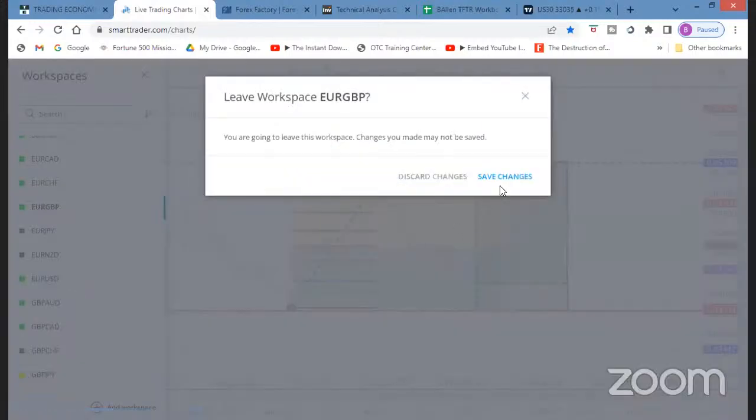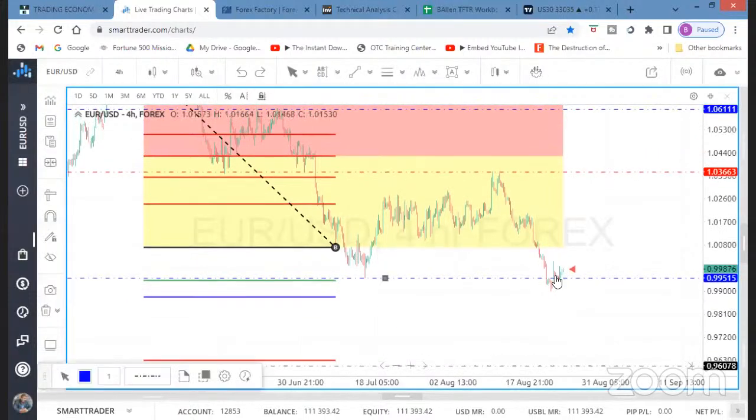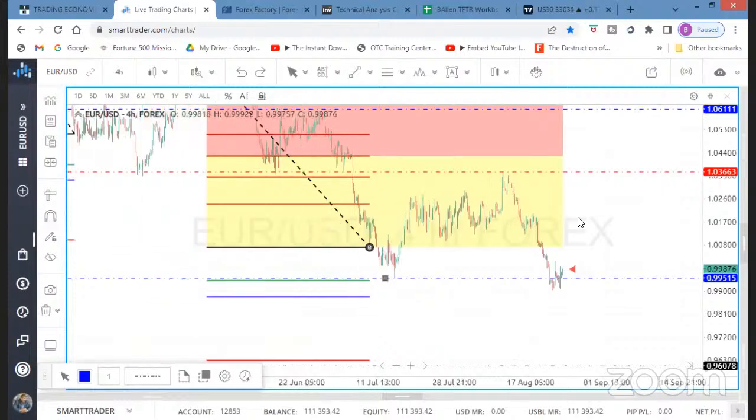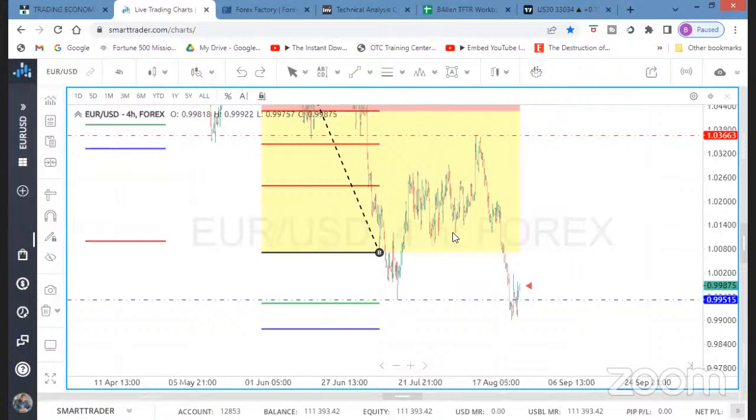Okay, take a quick look at this Euro USD. Right, we're getting a reaction off this weekly level. We've already gotten a 382 on this. So the question is, if we correct, do we just come back to this level here? Do we work our way back to this level here and then a move back down?